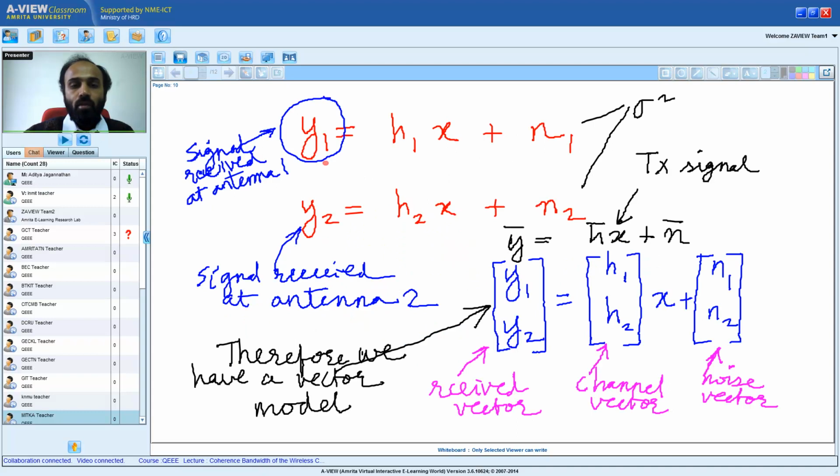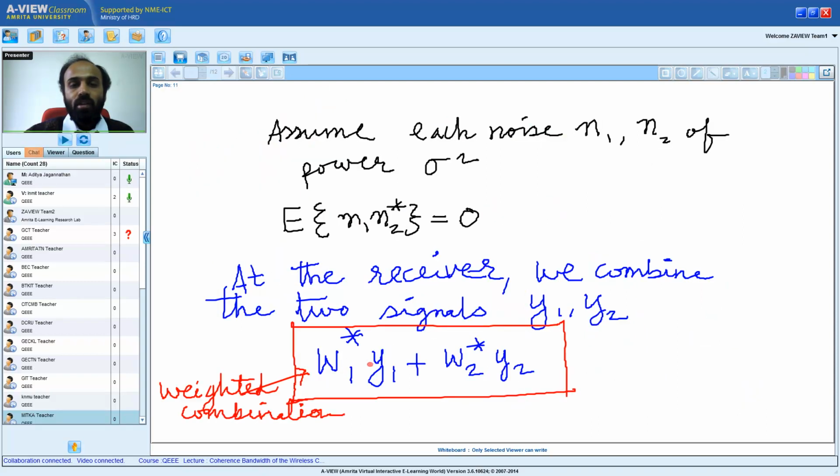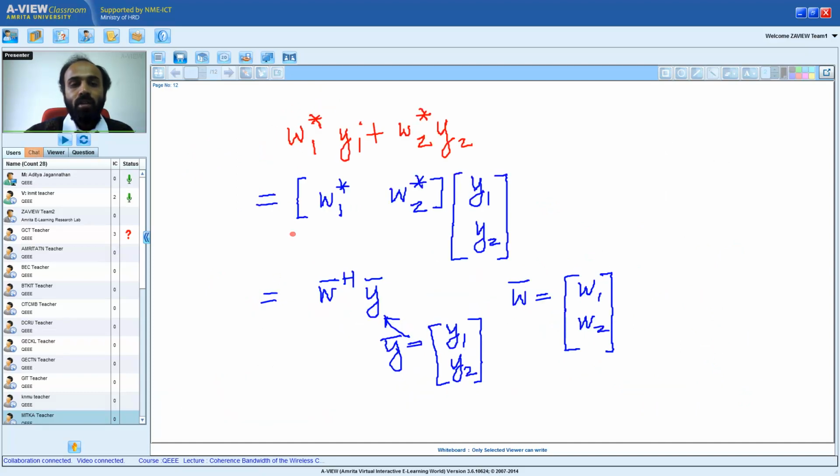We have to combine these two received signals, so we perform the weighted combination w1 conjugate y1 plus w2 conjugate y2, which in vector notation is w Hermitian times vector y1, y2, that is, w bar Hermitian y bar.